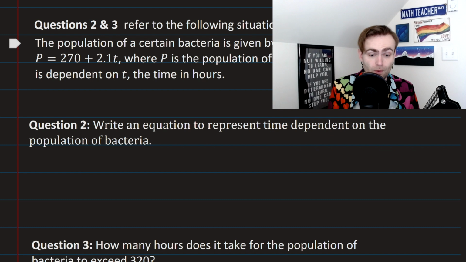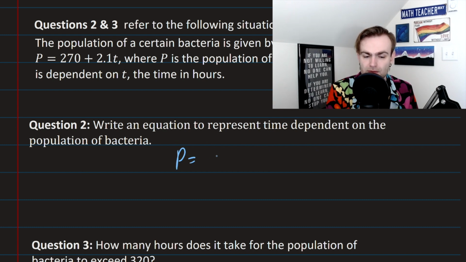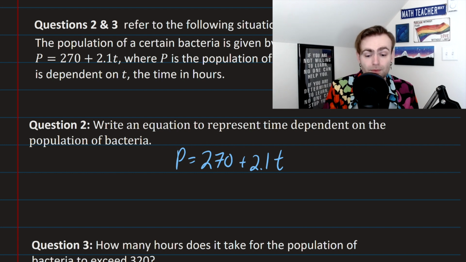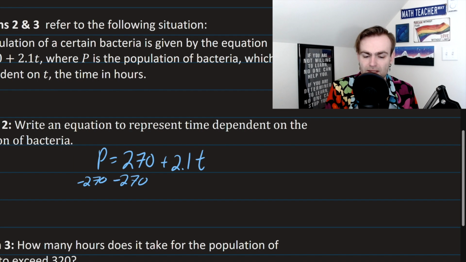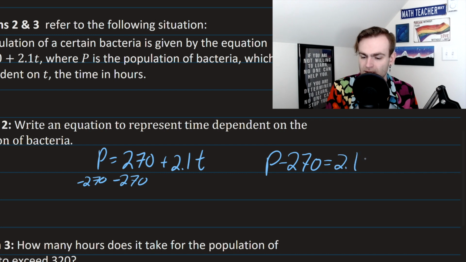So we're going to solve for the t in this equation. First thing I'm going to do is rewrite. So we have p is equal to 270 plus 2.1t. To solve it, we are going to subtract 270 from both sides, leaving us with p minus 270 is equal to 2.1t, and then we can divide everything by 2.1.